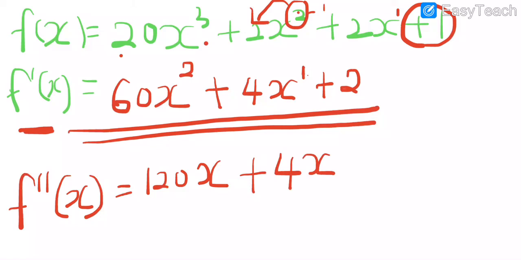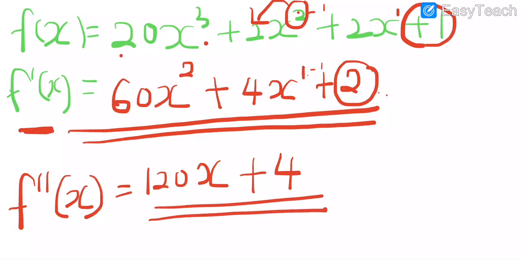Do you still have x? 1 minus 1 is 0 already, so there will be no x. Then how about this one? Can we differentiate? We cannot differentiate. Why? Because there is no x here. So the second derivative will be 120x plus 4. Okay?